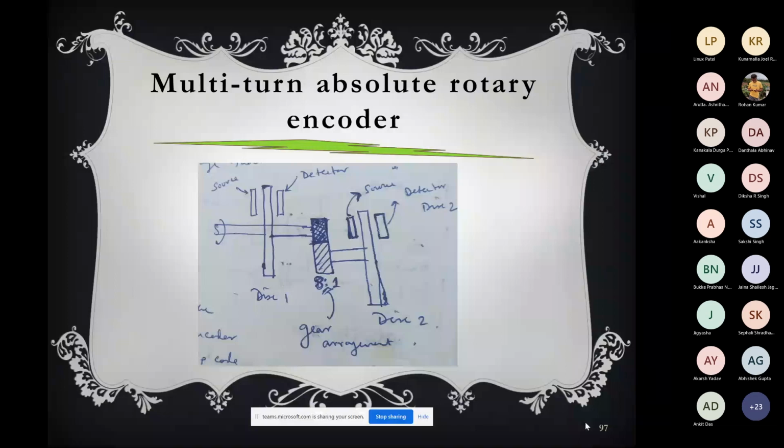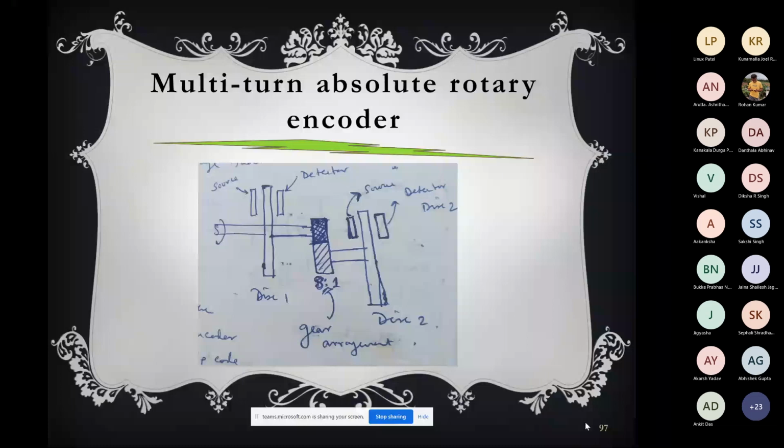The second disk is geared with disk 1, and disk 2 also has a source and detectors, and you will get output from both disk 1 and disk 2. Disk 2 can be a 3-track encoder, with a 1 to 8 ratio, and disk 1 can have 10 to 12 tracks.